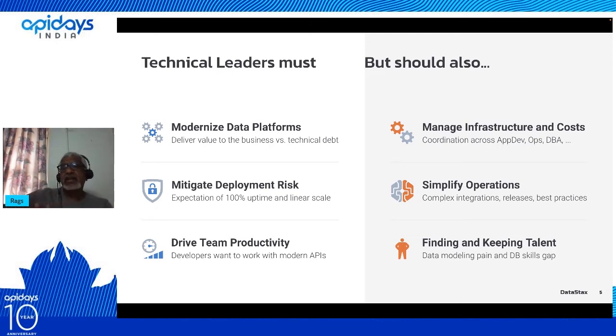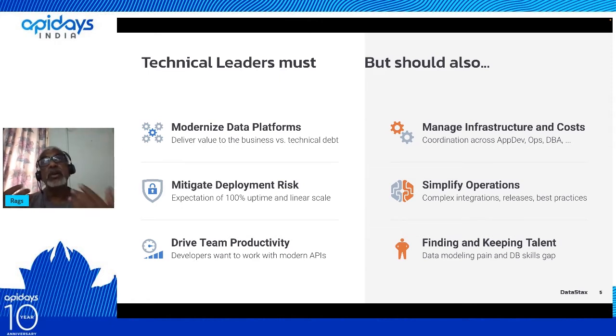On the other side, you still need to be able to manage the infrastructure and costs. Nobody has an unlimited budget. Everybody knows that. Even Microsoft, right? Or any of the FANG, like Facebook, Amazon, Netflix, Google. Really, nobody does, right? So you need to be able to simplify the operations, and find and keep the talent. I kind of jokingly refer to this, but the good thing about open source is that even though you may change companies, you may actually be working on the same thing.